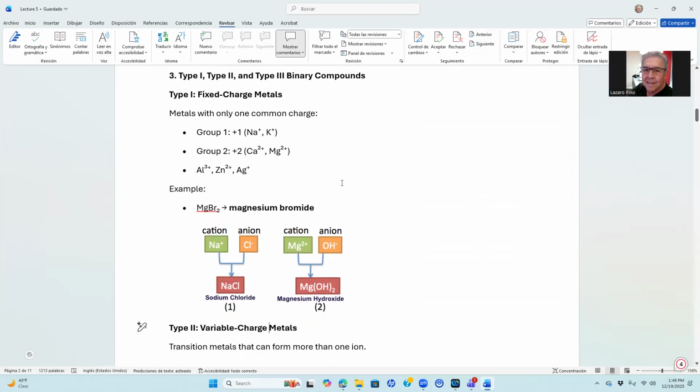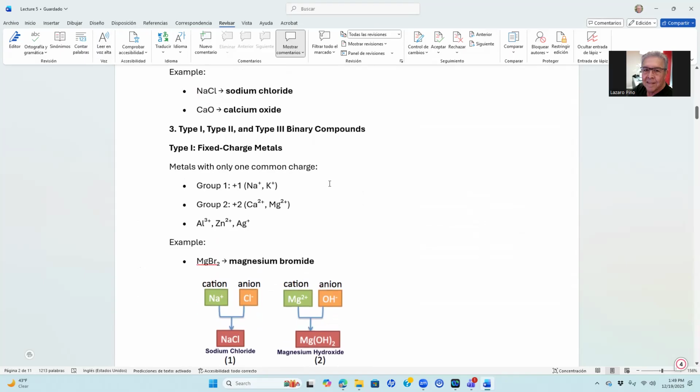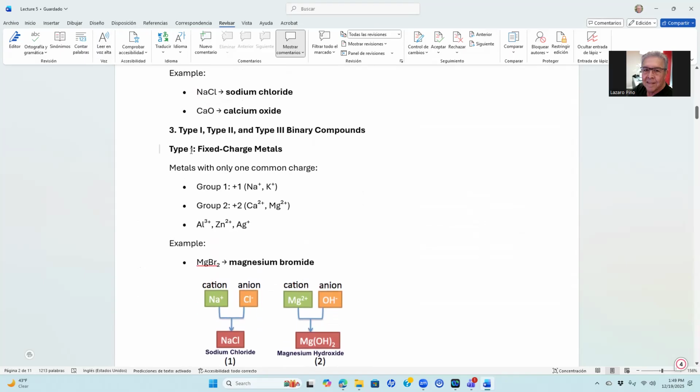Okay, let's stop here. The first group is type 1, which is made by a cation and an anion, in other words, a metal and a nonmetal. Remember that metals make cations and nonmetals make anions, which are negatively charged.